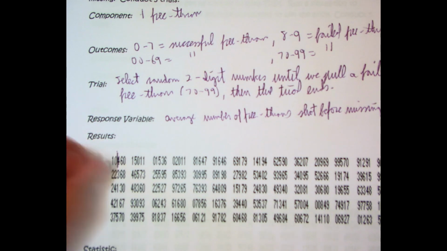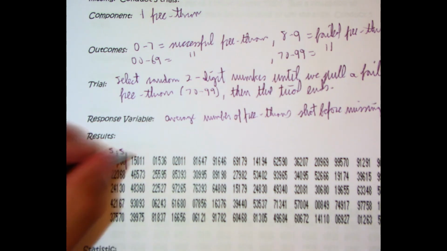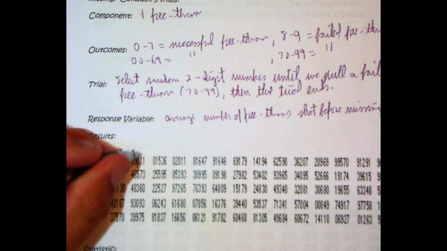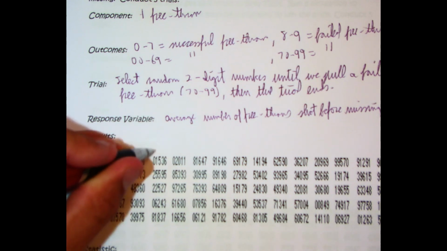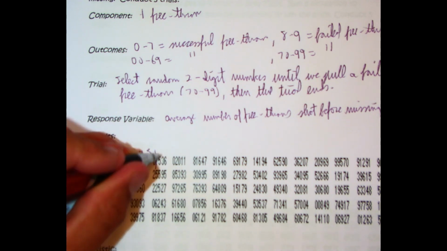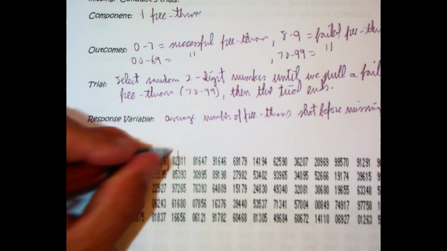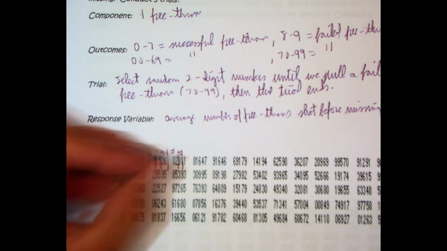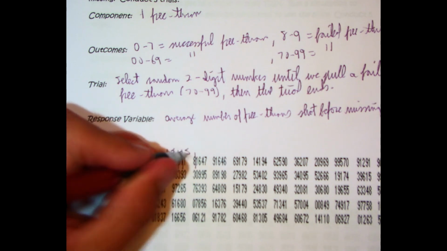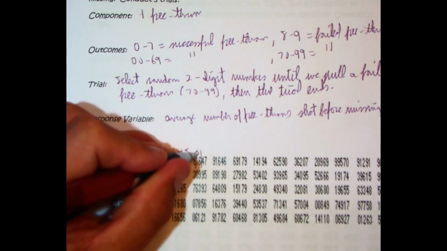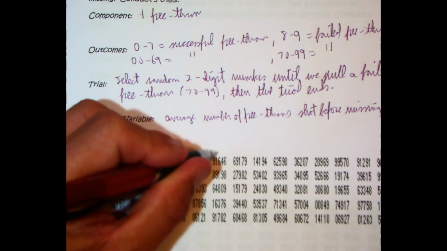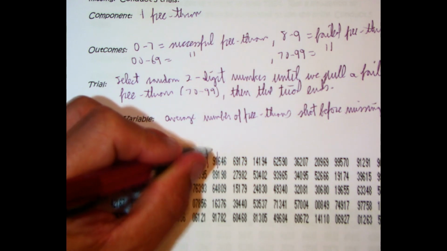The first number is a 10. Well, a 10 is a success. 60 is a success. 15 is a success. 01 is a success. 10 is a success. 15 is a success. 36 is a success. 02, 01, 18, 16, 47, and this is a failure.